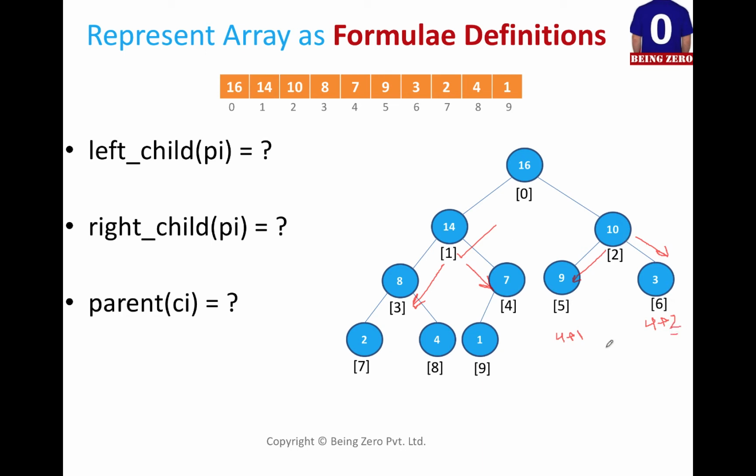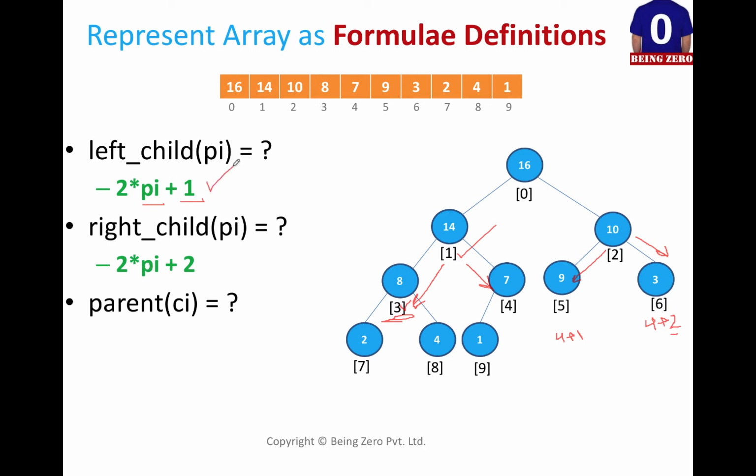So let's look at whether this formula holds good for other children also. For 3, the left child is 3 into 2, 6, plus 1, 7. So what we are saying is that the left child formula for anything is 2 into parent index plus 1. If the parent index is 3, 3 into 2 plus 1 is 7, and 2 into parent index plus 2 is the right child.